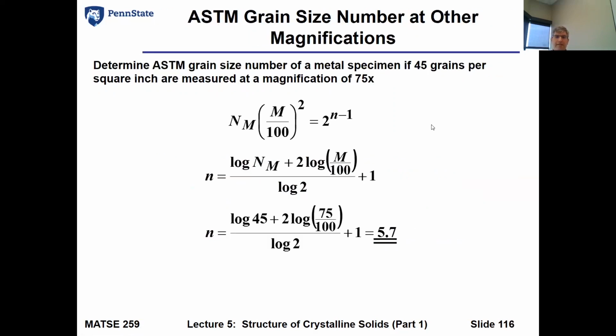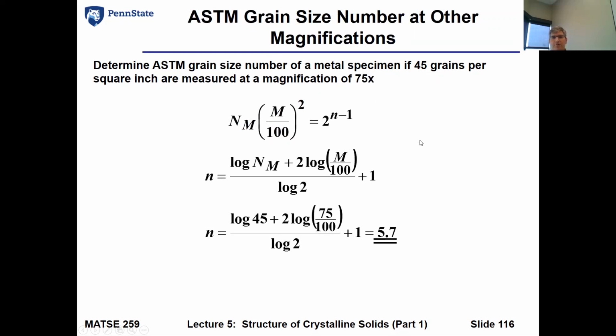So let's say we have another metal specimen and we've gone to a magnification of 75x and we counted 45 grains. The ASTM grain size number in this case comes out to about 5.7 if we calculate it. So we can get an idea just off these of what these ASTM grain size numbers are.